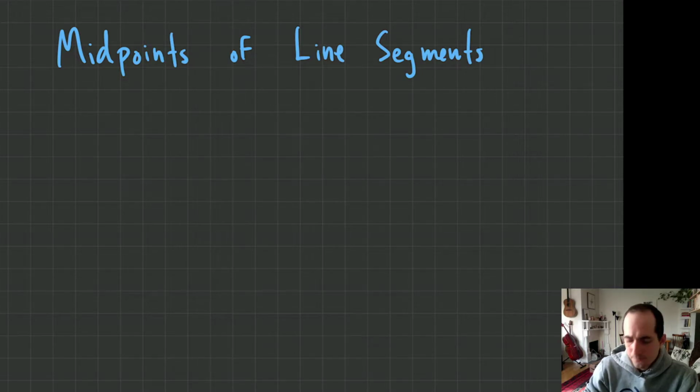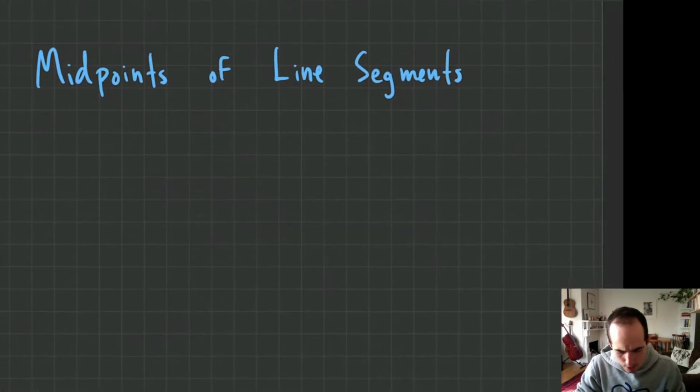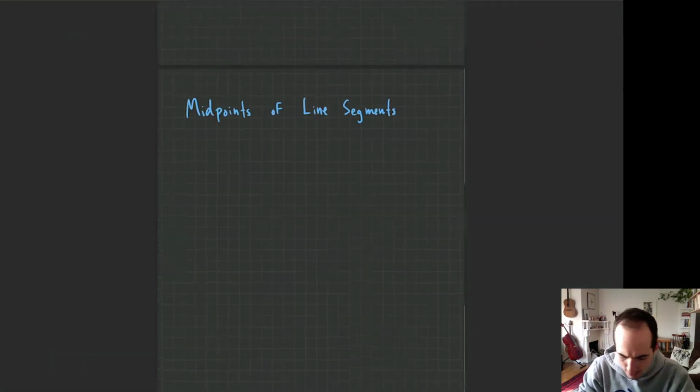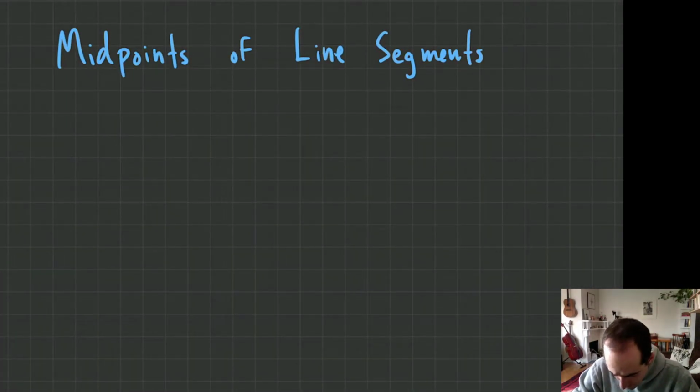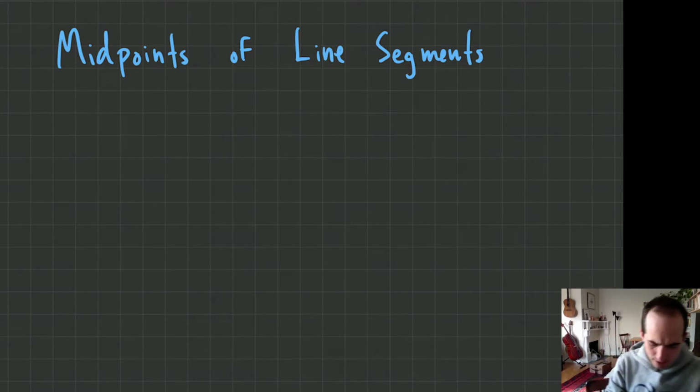Okay, let's get started. I'm gonna talk about midpoints of line segments. Let's start taking a few notes, and I'll keep my eye on the chat. Yes, I do have a Discord. If you want to go to the Discord, just go to the website, and there are invite links.